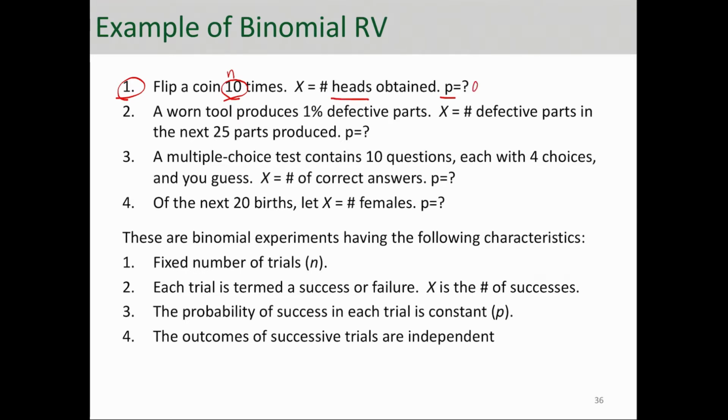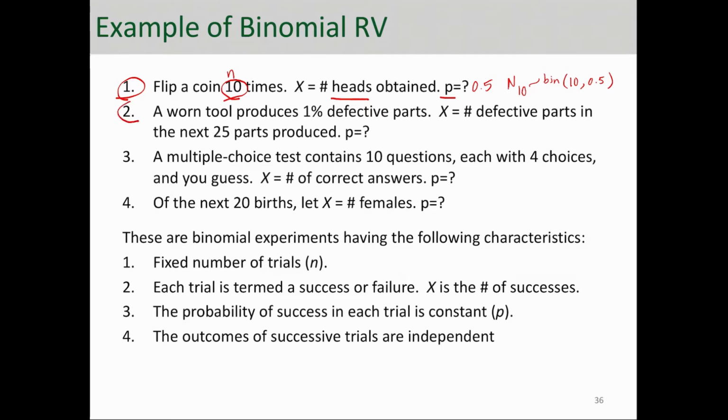So p is 0.5, right? 50%. Therefore, the random variable that we have here is N10, number of successes in 10 tosses of coin. It's a binomial with two parameters of 10 and 0.5. And that's how you define the random variable.